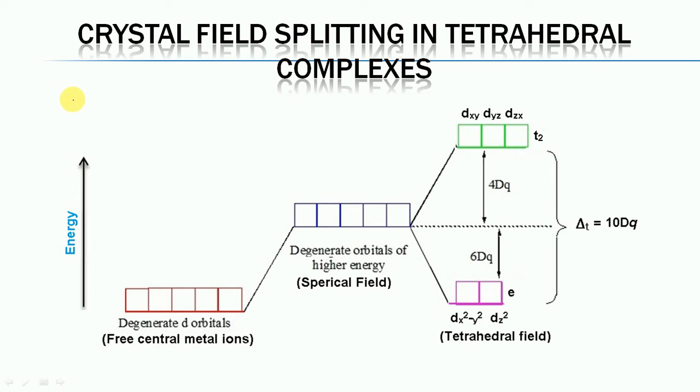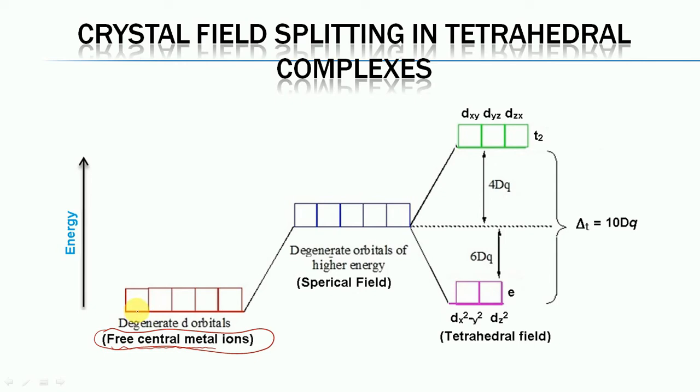This diagram shows the splitting in case of tetrahedral complexes. At this stage, all the d orbitals have the same energy, and in this case the central metal ion is in the free state.